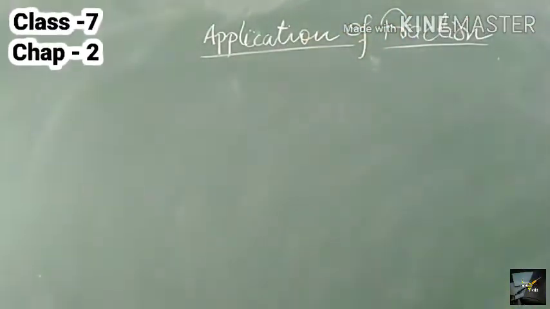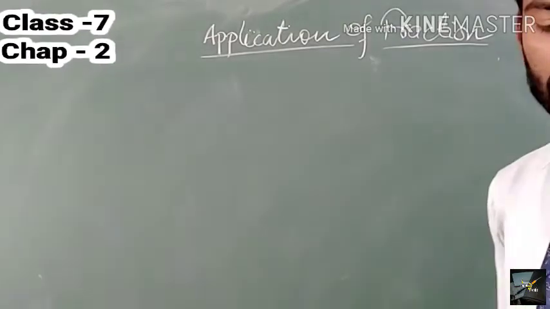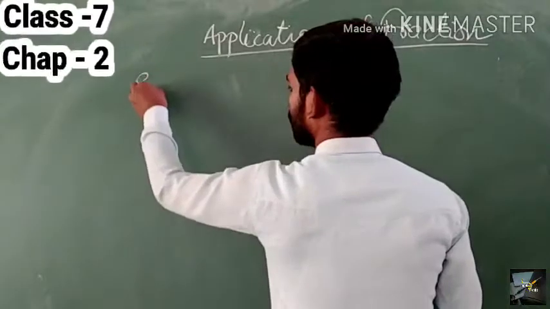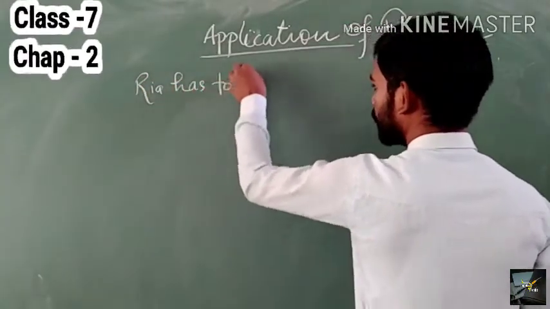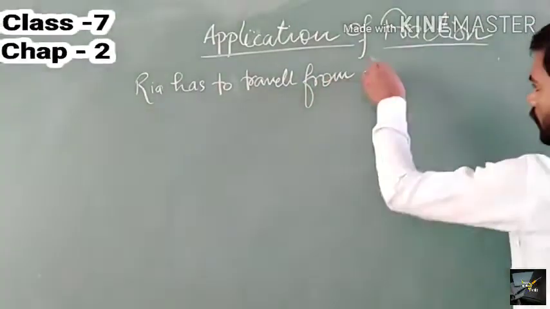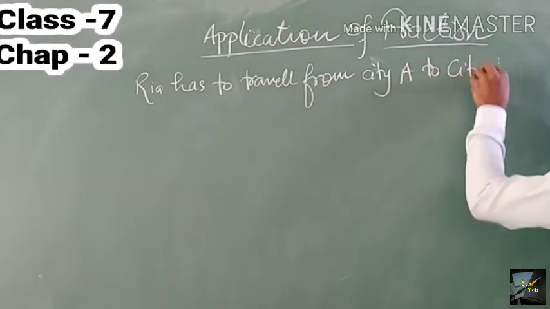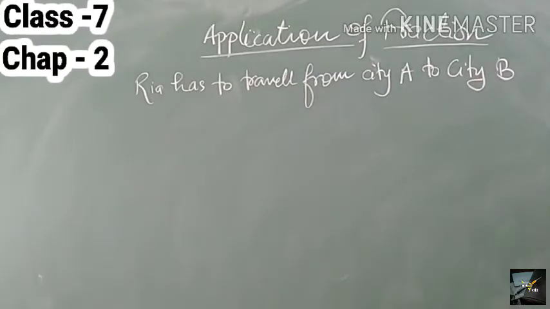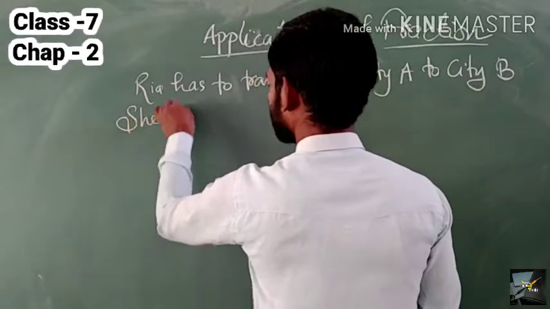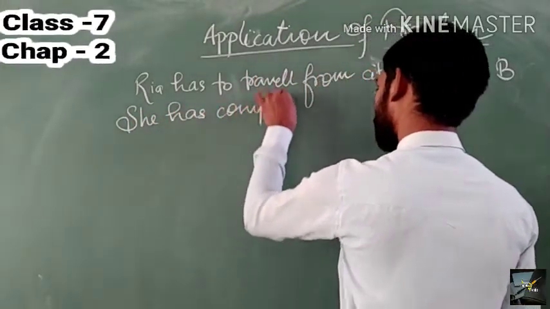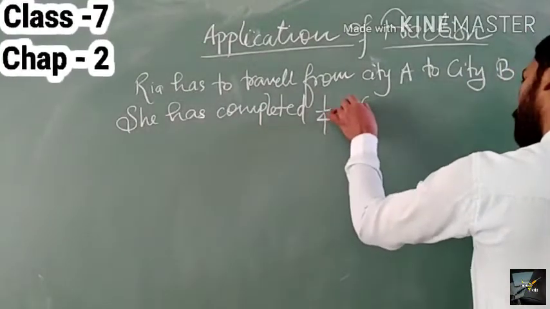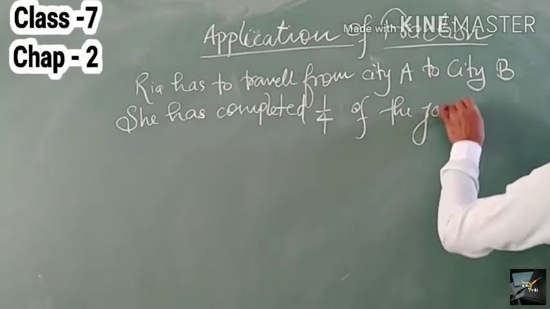The next question is, Ria has to travel from city A to city B, which is 88 kilometers away. She has completed 1/4 of the journey.